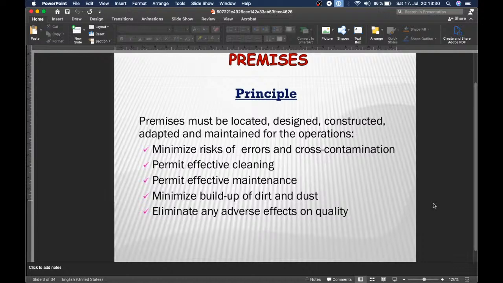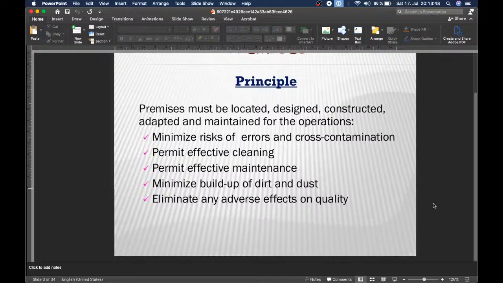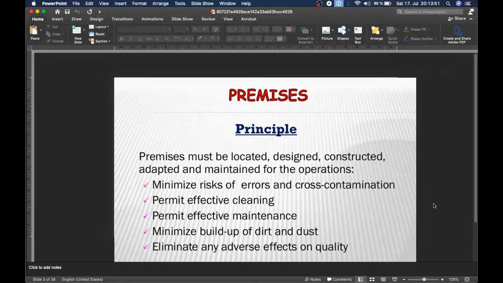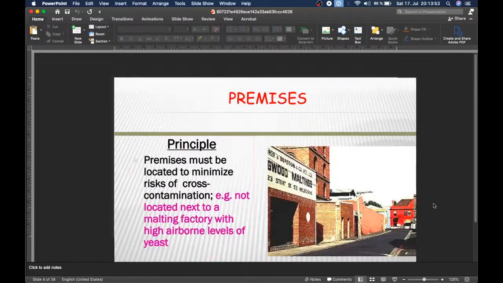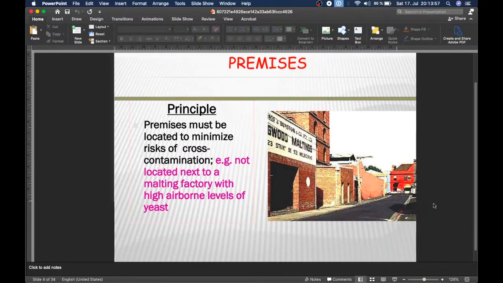There should be no adverse effect on the quality of a product. That's why these industries are always away from the big cities, built in small areas. So premises must be located to minimize the risk of cross contamination.